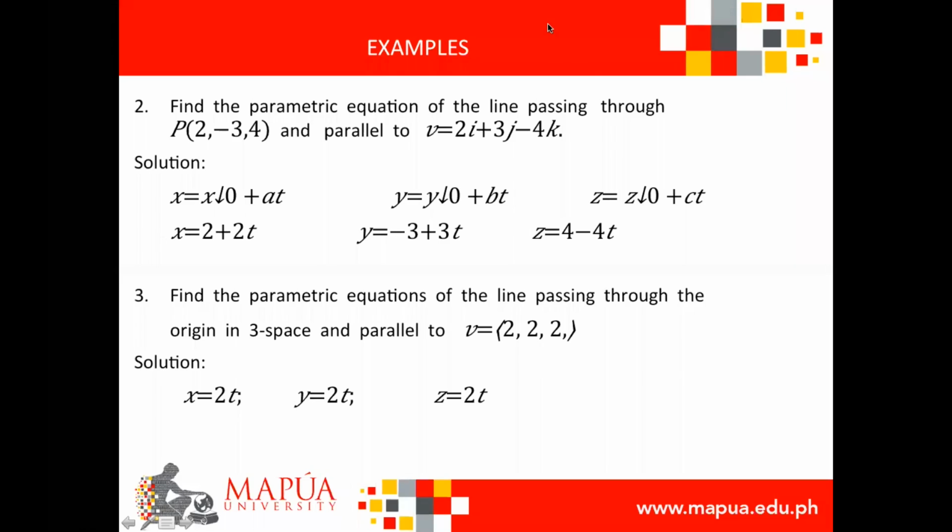Let's have the second example. It says here, find the parametric equation of the line passing through point P with coordinates (2, -3, 4) and parallel to vector V = 2i + 3j - 4k. Again, what we will do is draw the x, y, z axis. Then let us draw a line passing through point P whose coordinates are given.